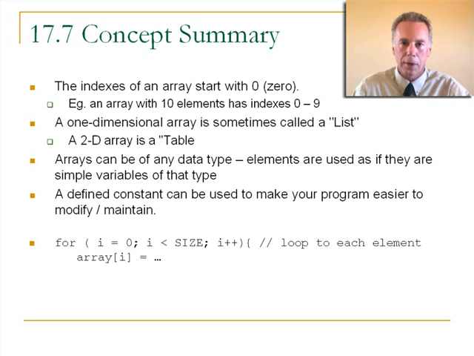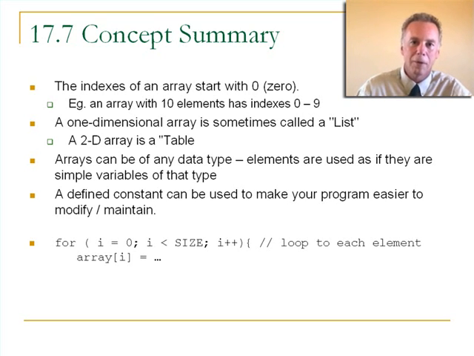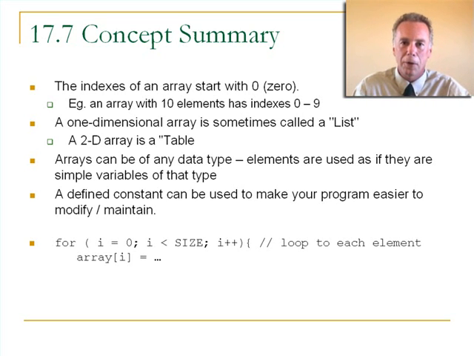The for loop that starts at 0, continues while less than the size of the array, and increments by 1. That loop, and in particular the variable I, is very commonly used for manipulating each element of the array. That will also keep you from going off the end by 1.